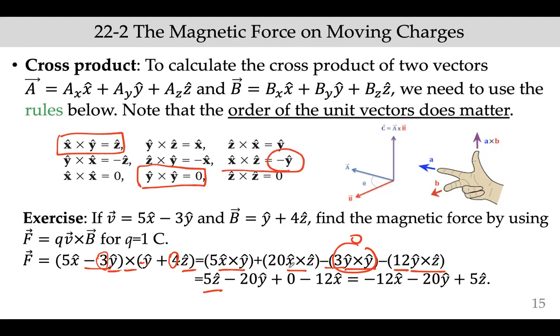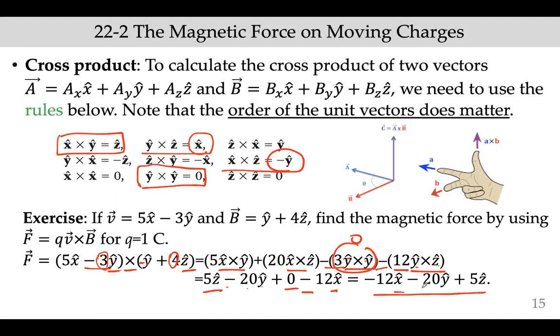So now here we have negative 20y. Y hat cross y hat is 0. And so we have a negative sign here. And y cross z is positive x hat, which is here. And if you want to rewrite this in alphabetical order, this is the answer.